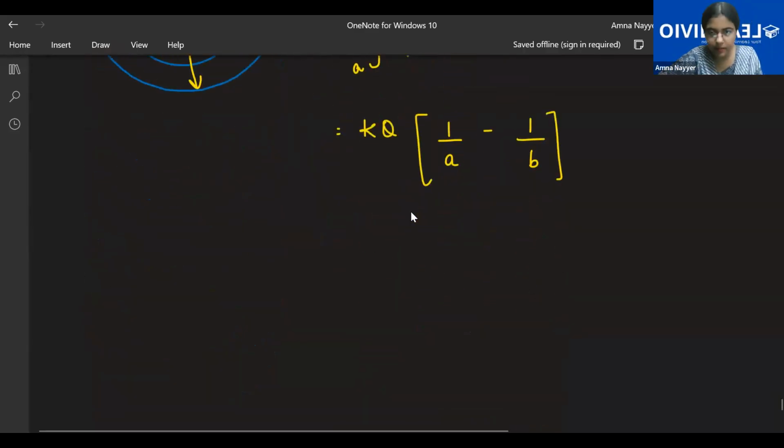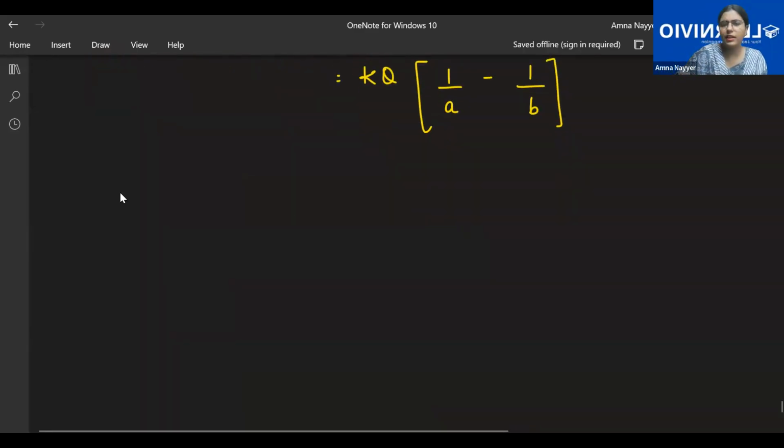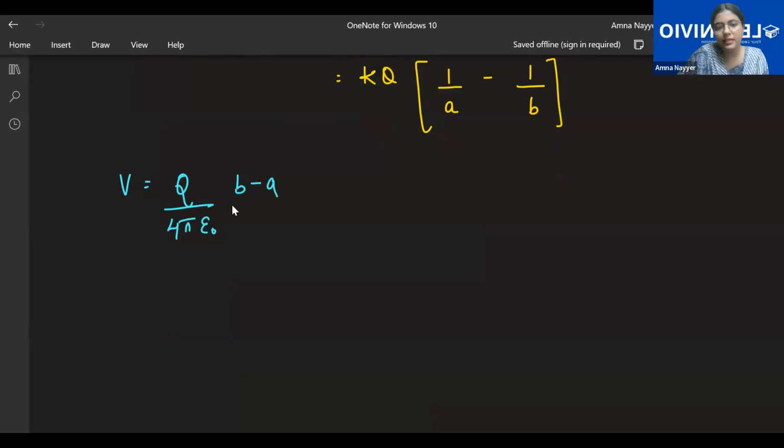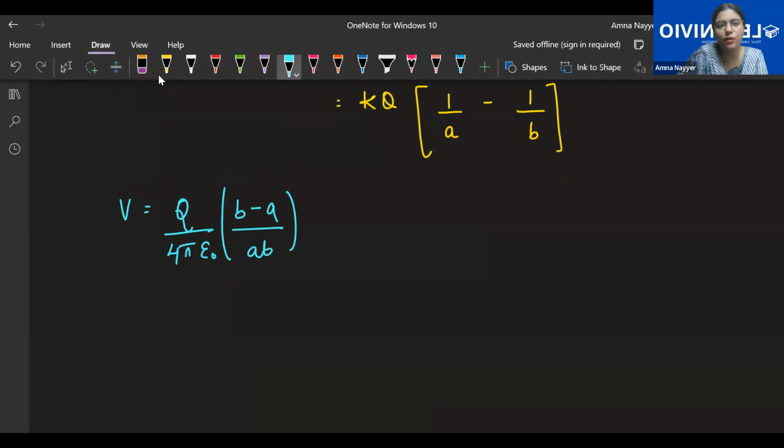One more form we can have from here, which I think we have discussed in the class. When you're talking about the potential, you get Q divided by 4 pi epsilon naught, then B minus A by AB if you take their LCM. That is the formula for potential.